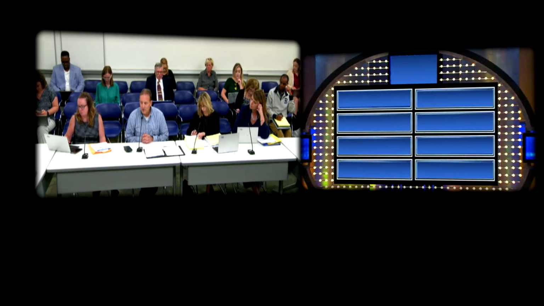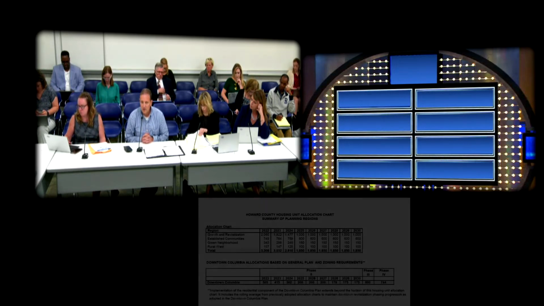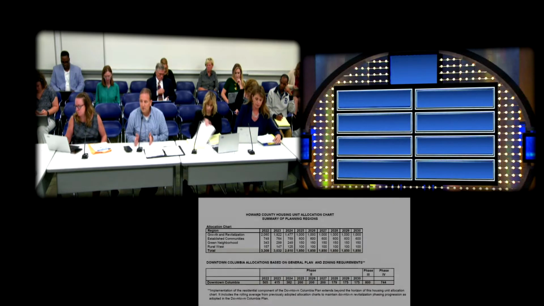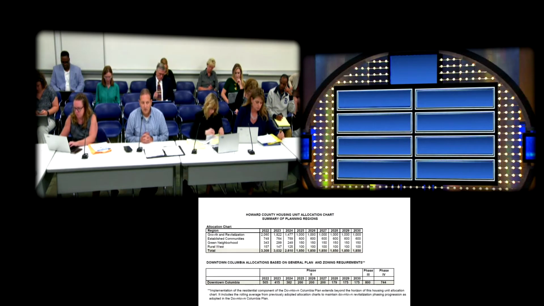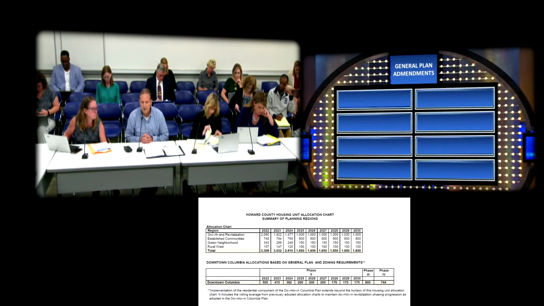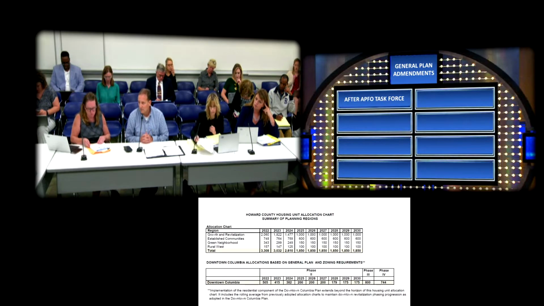There's a chart in the general plan, I think it's figure 610, which sets the growth policy for the county. That chart was adopted in 2012 with PlanHoward 2030, and I think it's been amended a few times, including after the APFO task force deliberated and made some changes. So the chart you have before you now is based on that chart.